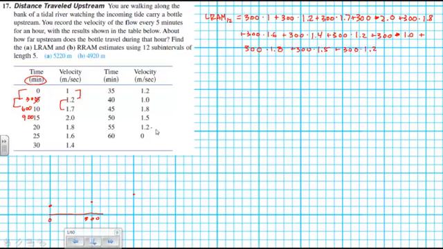This 1.2 here is the last number we're going to use. Remember, the last span goes from that time interval, and we're always using the first of the two numbers when we do the LRAM.